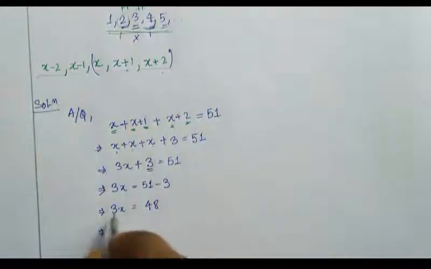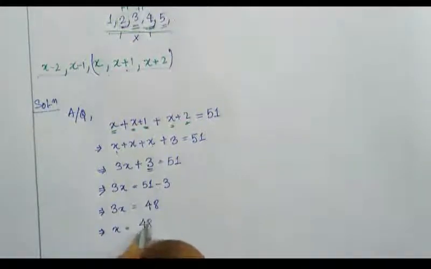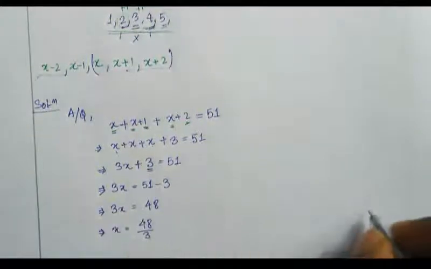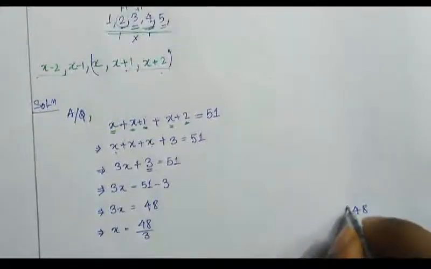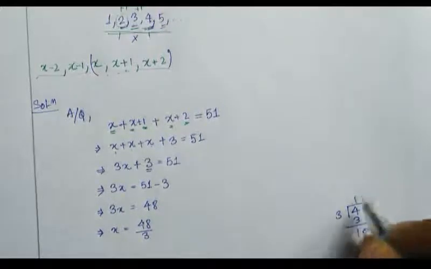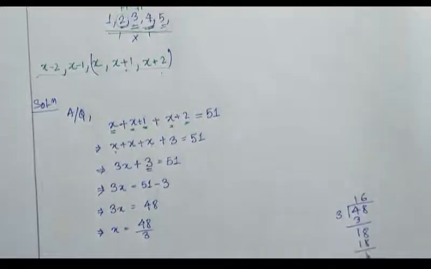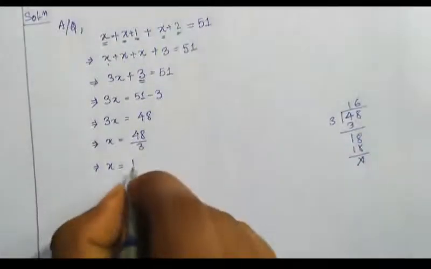Now taking the 3 on the other side, here it was multiplied, so taking it to the other side it will be divided. So x equal to 48 by 3. Now if you are having difficulty in division, 48 by 3, 3 1s are 3, 3 6s are 18. So the answer is x equal to 16.